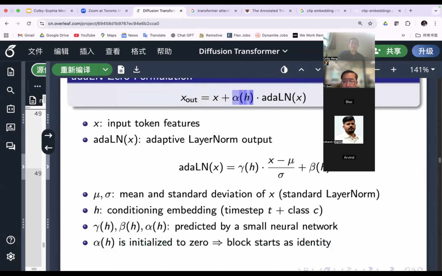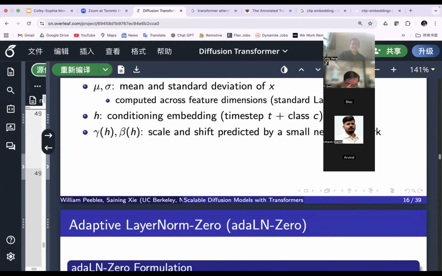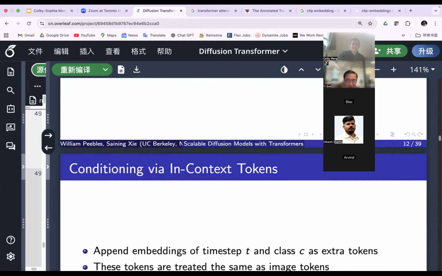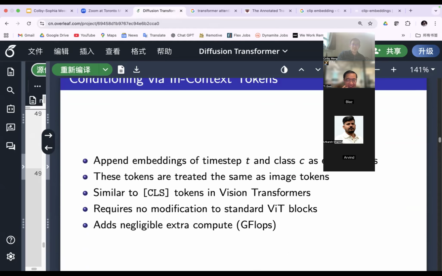Just initialize this thing to be 0. So this means that your transformer will not do anything in the beginning, just outputs X. There are so many things that people are doing that they don't justify, but somehow they work.